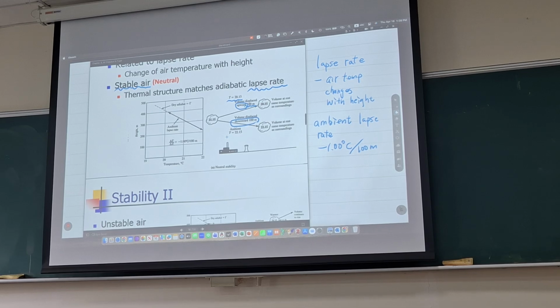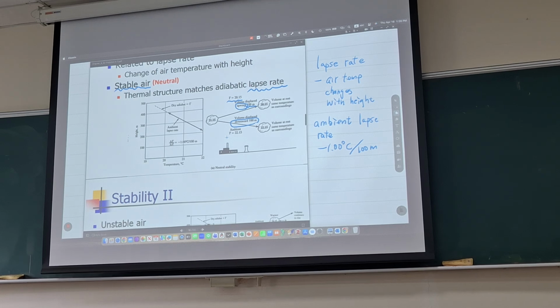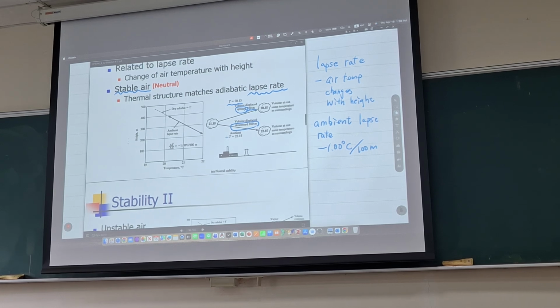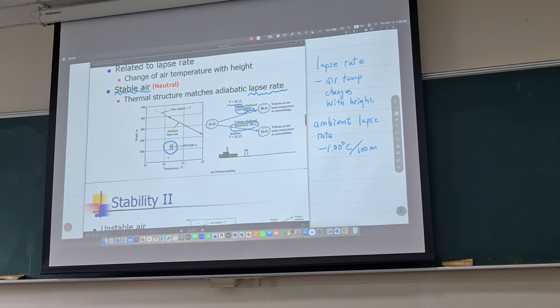Okay, because the temperature changes every 100 meters. Okay, so the delta T over delta Z is minus 1 degree Celsius per 100 meters.